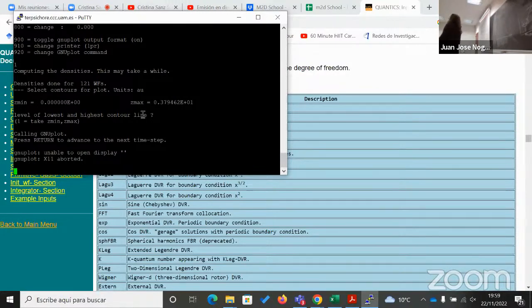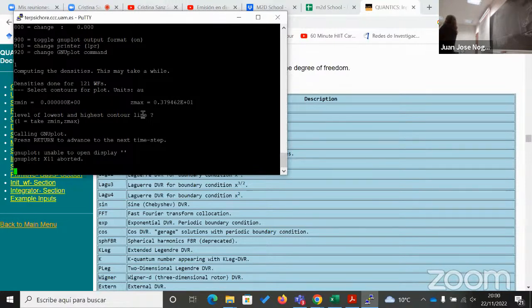One of the exercises that you might try is just changing the initial J for the initial eigenvalue or eigenstate of the diatomic molecule, or you can increase the values of the energy for the energy distribution, so the initial momentum, okay? Or you can try and see how the wave packet actually behaves.